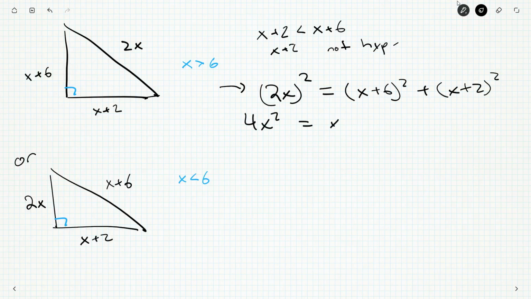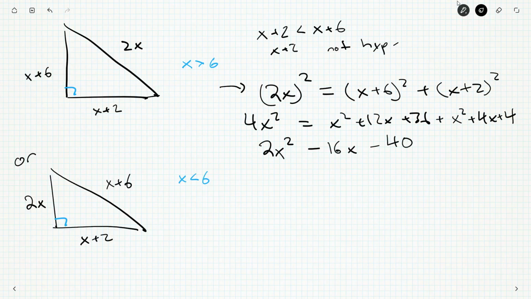So 4x squared is x squared plus 12x plus 36, plus x squared plus 4x plus 4. That gives 2x squared minus 16x minus 40 equals 0. x squared minus 8x minus 20 equals 0.